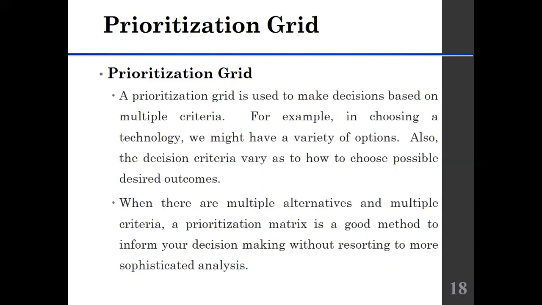When there are multiple alternatives and multiple criteria, a prioritization grid is a good method to inform your decision making without resorting to more sophisticated analysis. Following are the steps required to make a prioritization grid.